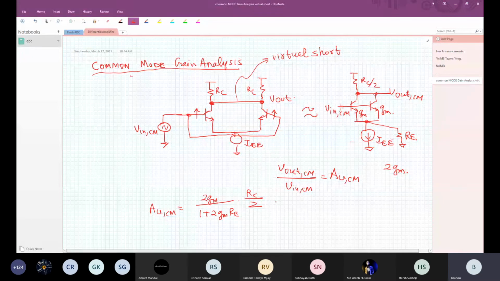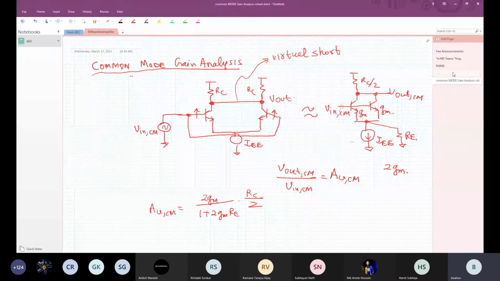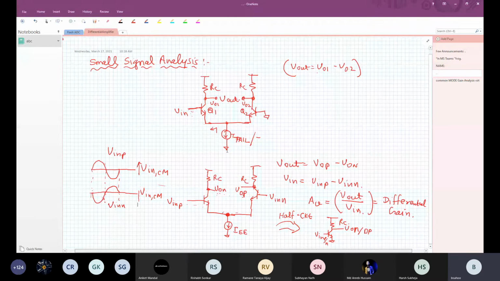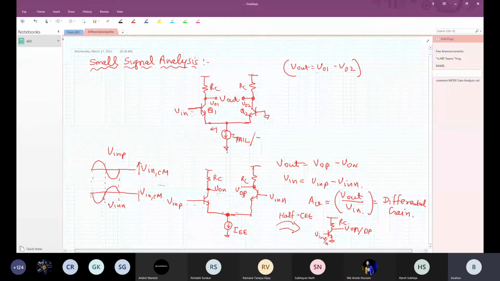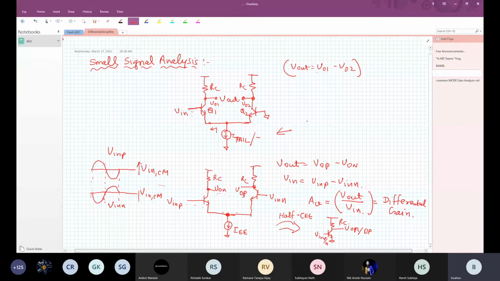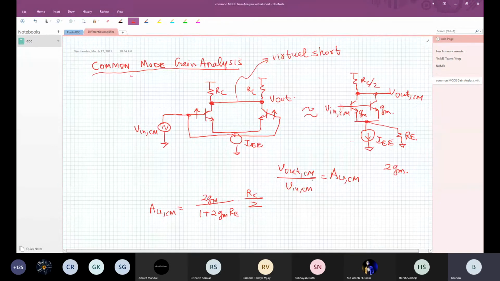That is the reason why we go for very high output impedance in the tail current. That is one application of designing current sources. If the current source output impedance is very, very large, then the common mode gain keeps reducing. So this will be roughly equal to RC by RE.